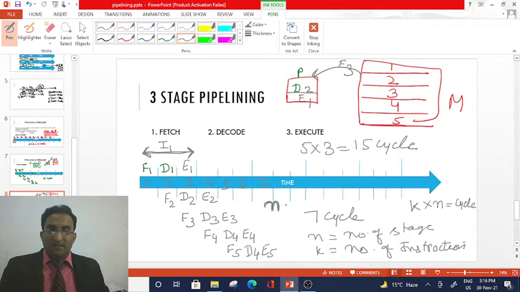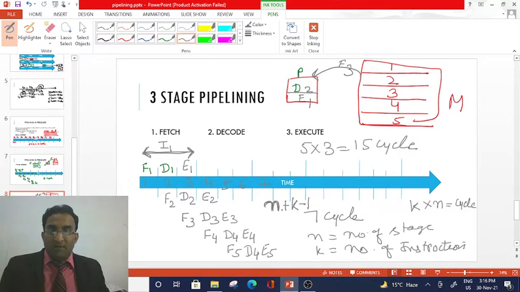After that, how many instructions are left? After the first instruction's cycles, only 4 instructions are left, because the first instruction has been completed. The remaining 4 instructions will take 1, 2, 3 and 4, that means k minus 1 cycles. So total cycles are n plus k minus 1.